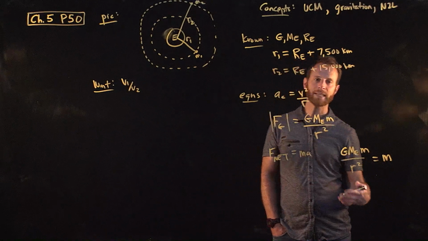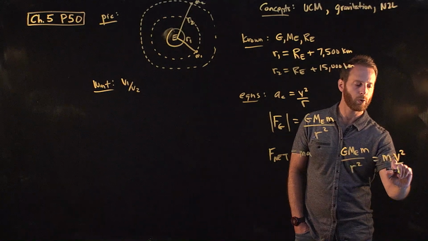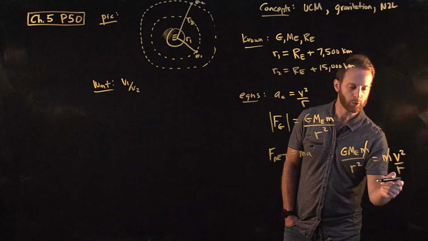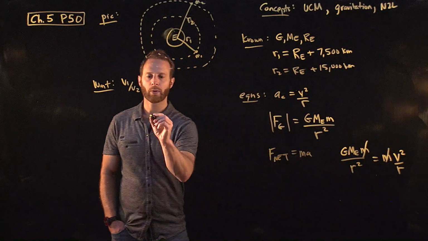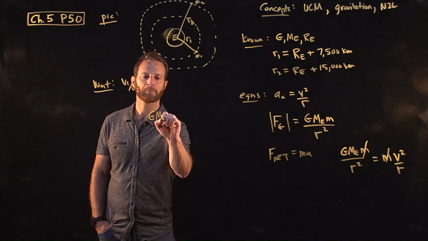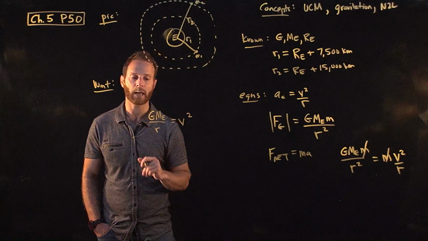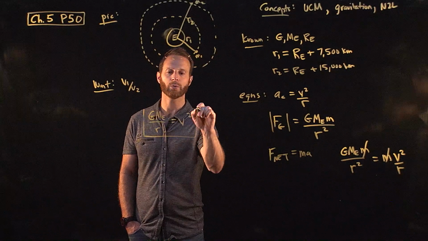The acceleration is centripetal, so that's v squared over r. The masses cancel, and you can multiply by r. And so we end up with a sort of master equation that G M_E over r is equal to v squared for any satellite at any distance, as long as it's going around in a circle.